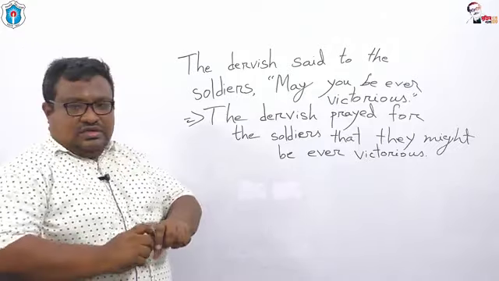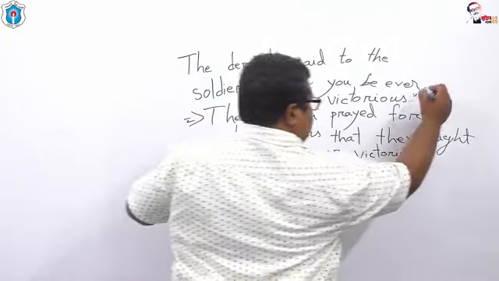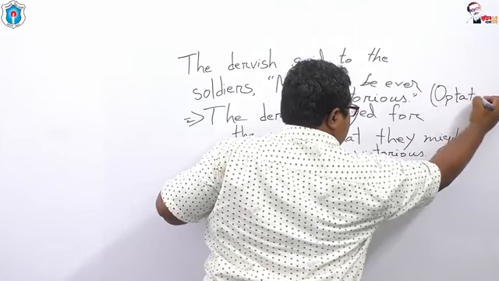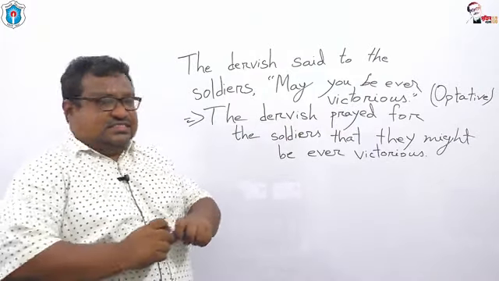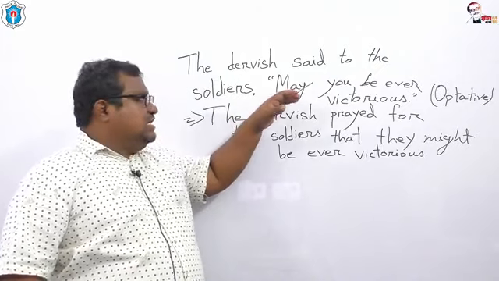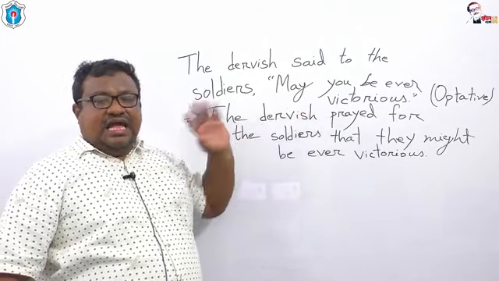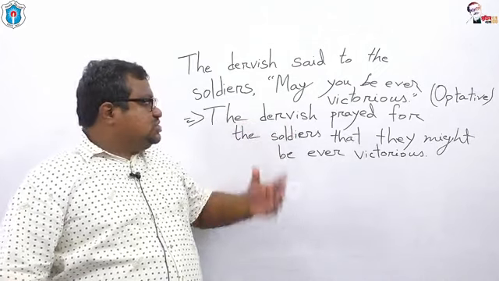Now, this is basically an optative sentence. In case of an optative sentence, we have to remember that usually the word may comes in the beginning. This is a kind of prayer or wish.